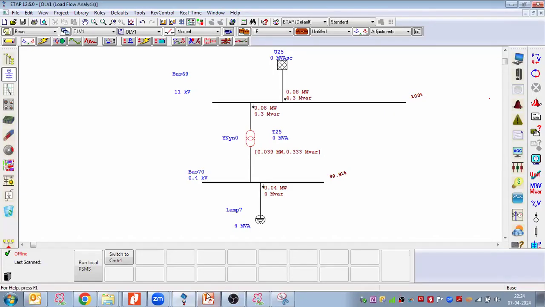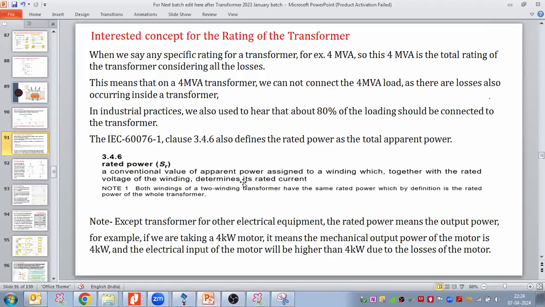It means, IEC defines that the HV and LV both should be 4 MVA. So in this case, if I connect the 100% load, my transformer would be overloaded. Why is it happening? Why is it overloaded?